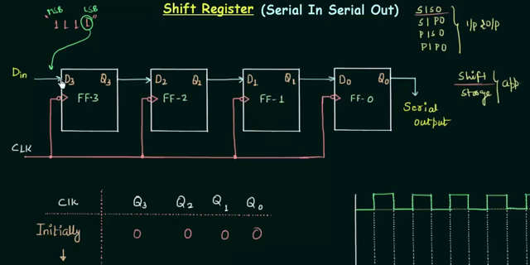I will first write down the inputs, and then we will find out the outputs, and I have already written the outputs before this input is applied at D3, and they are 0. So D3 is 1. D2 is definitely 0 because Q3 is 0 and Q3 is connected to D2. D1 is 0 again because Q2 is 0. D0 is 0 because Q1 is 0, and Q0 we have to find out.